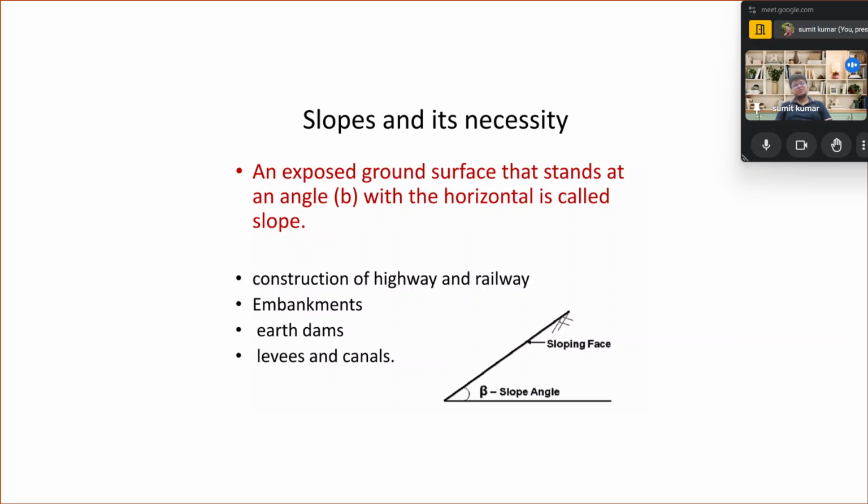Slope is something which makes a specific angle with the horizontal. That angle will be the slope angle, and the face which makes a certain angle with the horizontal is the sloping face. And we construct highways, railways, embankments, earth dams, bridges and canals across them.